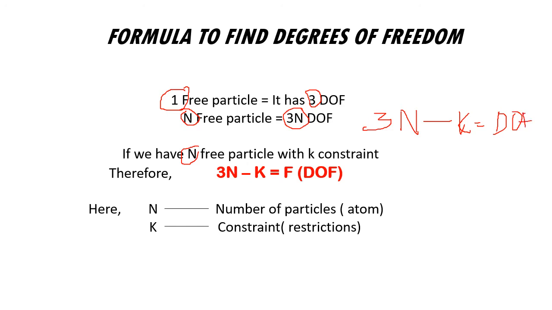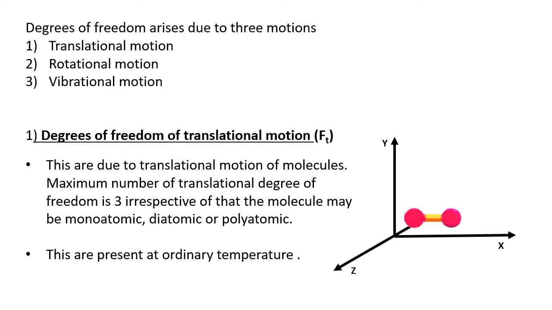Therefore 3n minus k is equal to f, that is the degrees of freedom. Here n is the number of particles or atoms and k is the constraints or restrictions. So this formula we have to remember: 3n minus k equals f.